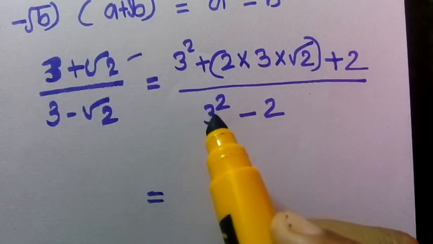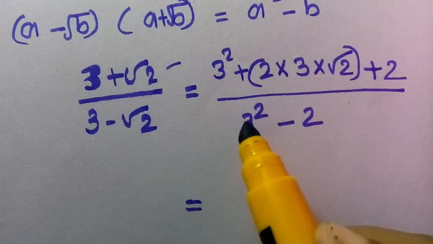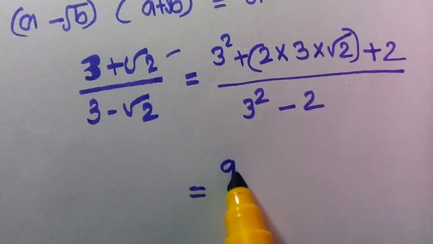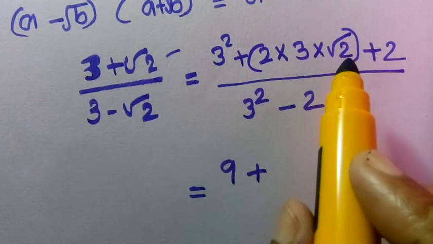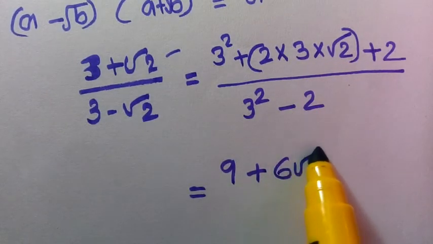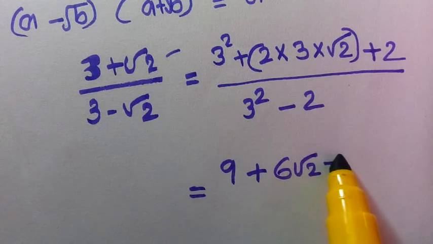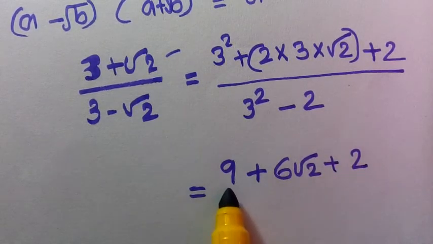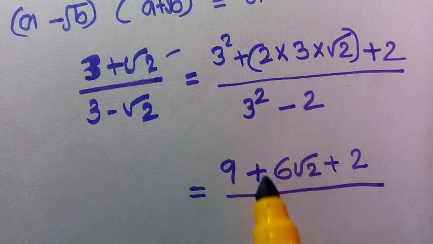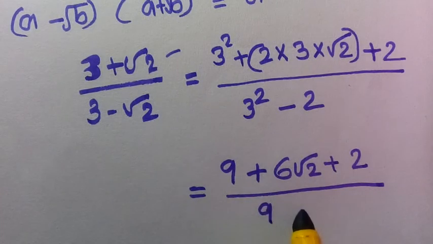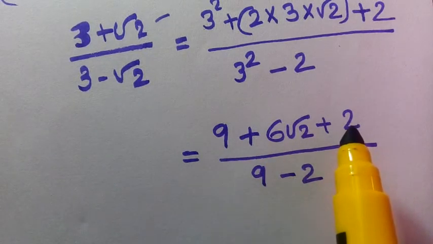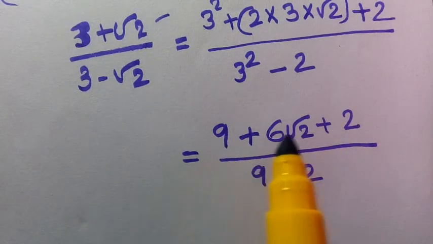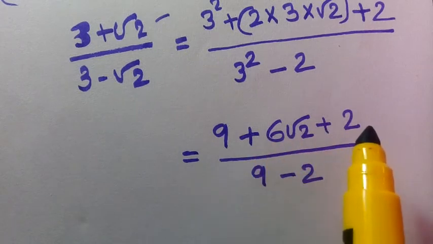What is 3 square? 3 square is equal to 9, plus 2 into 3 into root 2, that is 6 root 2, plus 2, divided by 3 square, 3 square is 9, minus 2. 9 and 2 are constant terms, so we can add 9 and 2 first. 9 plus 2 is 11.